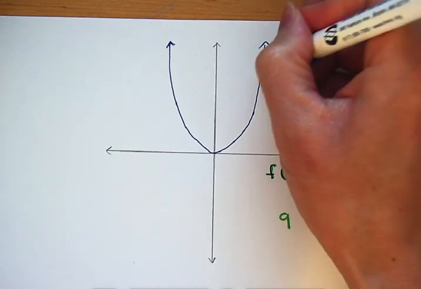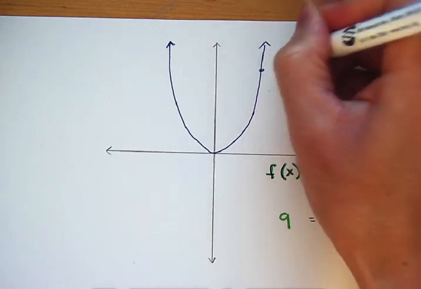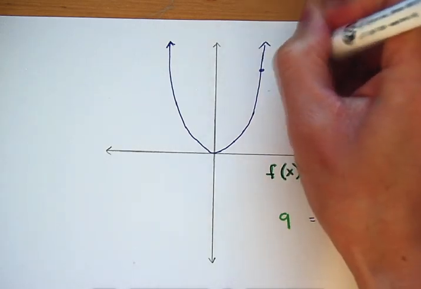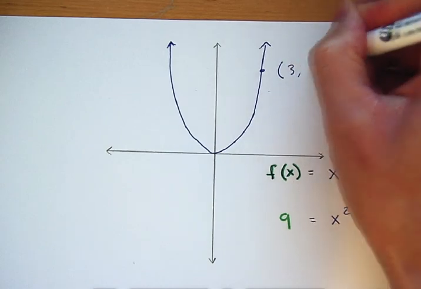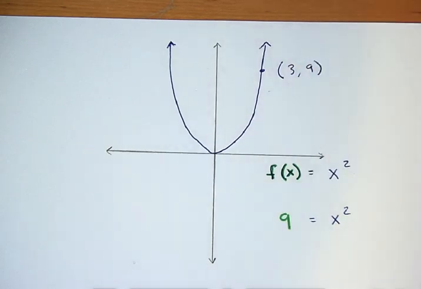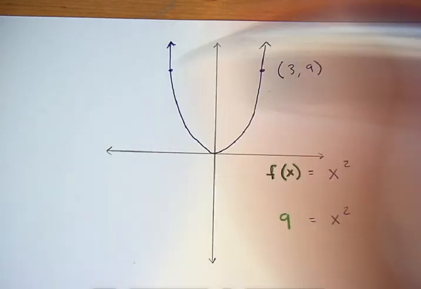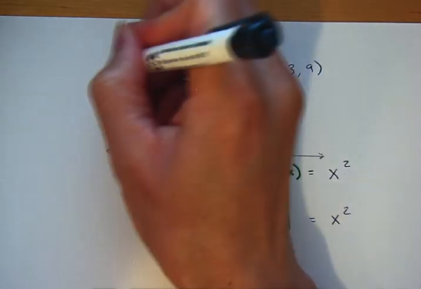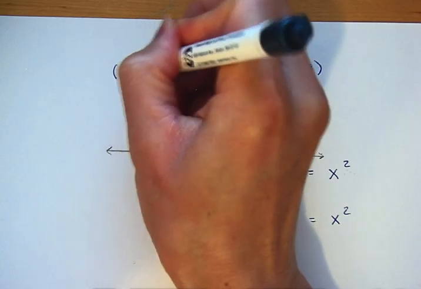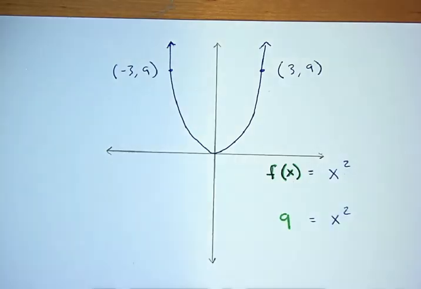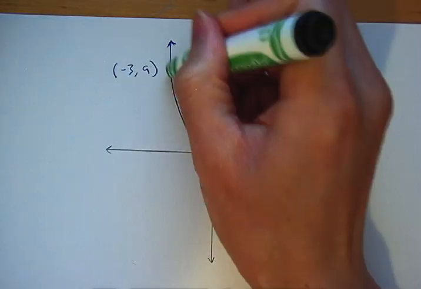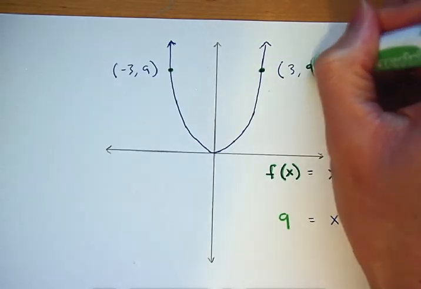I know there's one spot right here, and the coordinates there are 3, 9. And I know there's one spot over here. That coordinate is negative 3, 9. So these two spots is where your y is 9.